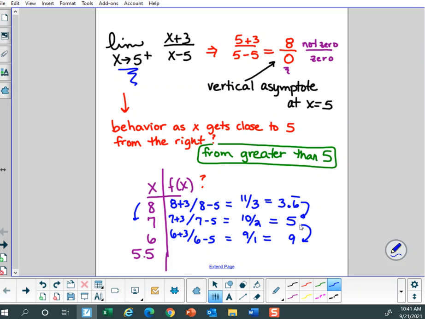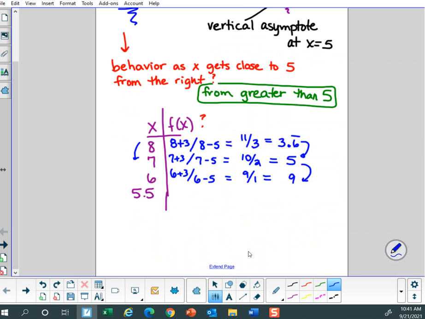Like from 3.6 to 5 is less than 2, but from 5 to 9 is 4. So the growth from here to here, and then the growth from here to here, is growing. If you want to do one more, if you are not afraid of the decimal, the 8.5 divided by 0.5, which is basically 8.5 times 2, exactly.